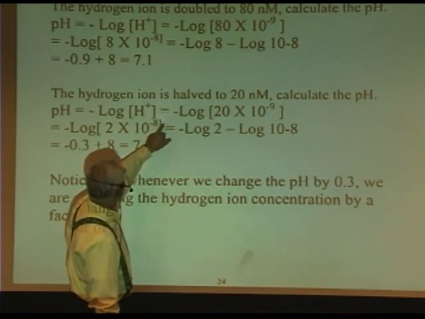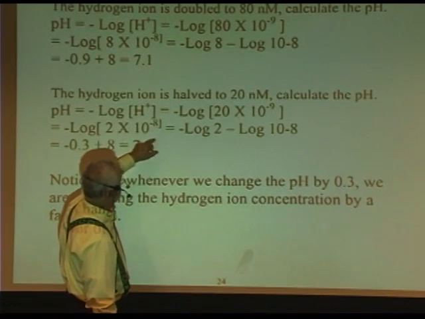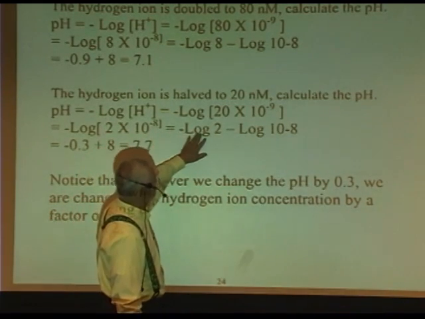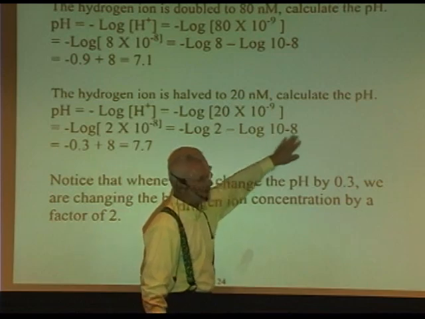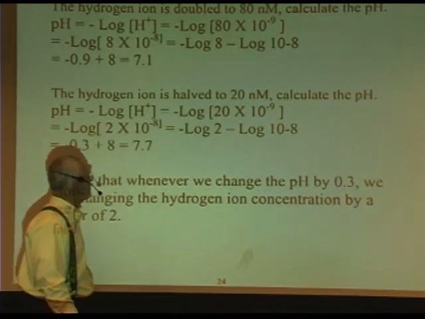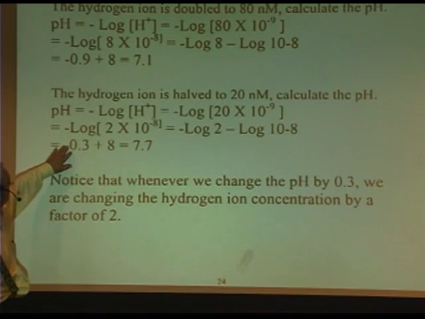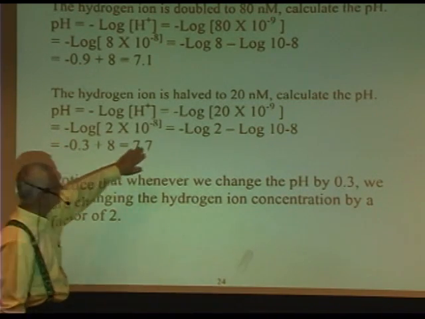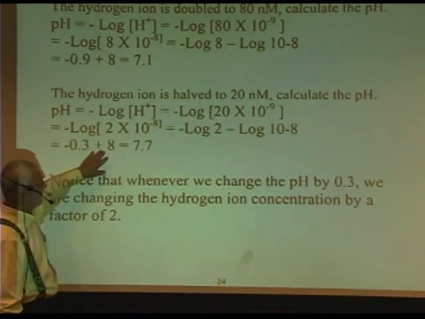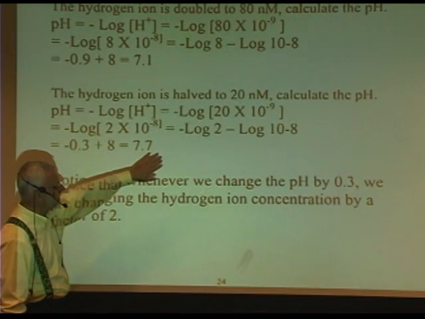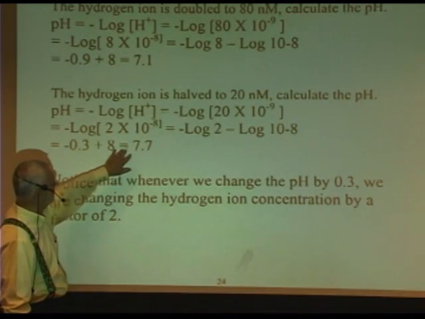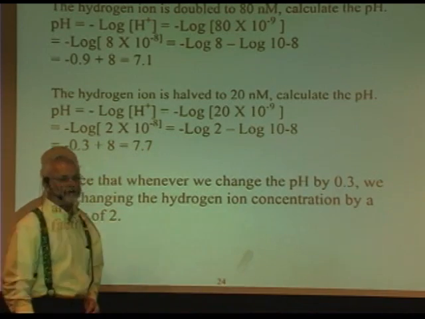I'm sorry, that bracket should come down here. That's equal to minus the log of 2 minus the log of 10 to the minus 8th. That's equal to minus 0.3, because that's the log of 2. And minus the log of 10 to the minus 8th is 8. You combine them and get 7.7.